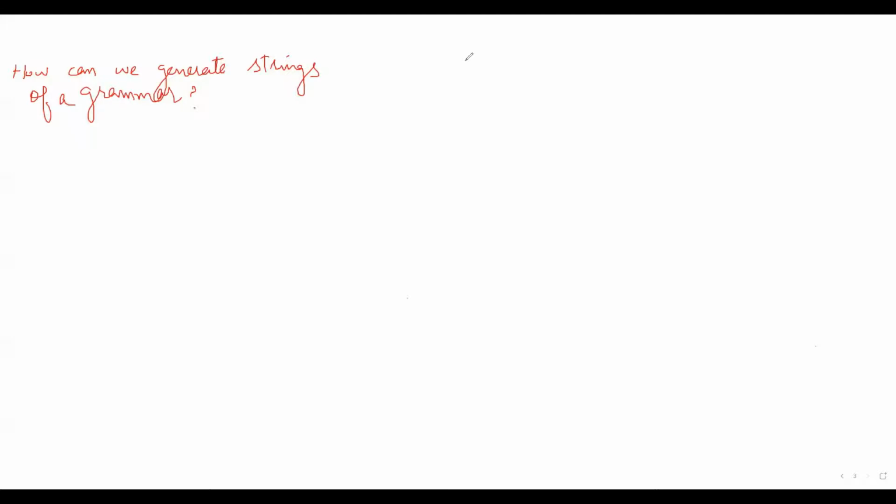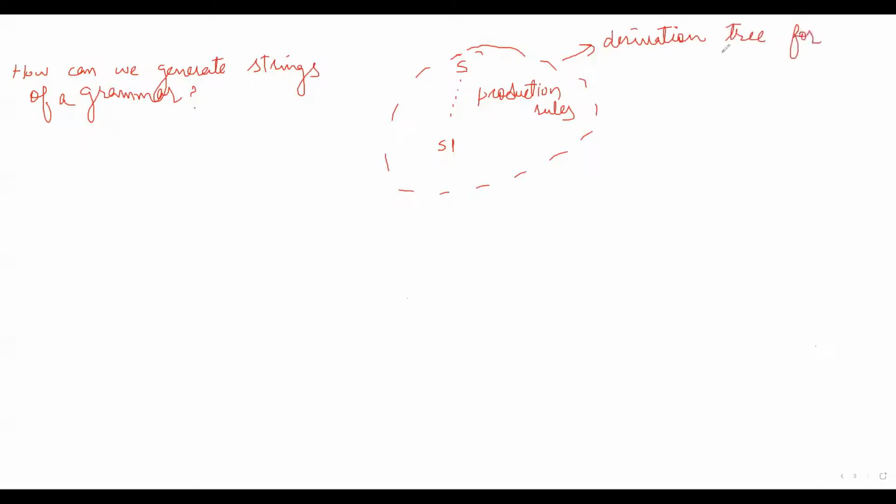You always start from the start symbol, then use production rules, and after using production rules, we will reach a final string. So these rules that we are using, in whatever order we are using them, will be called a derivation tree for S1. Or in other words, this is also called parsing.